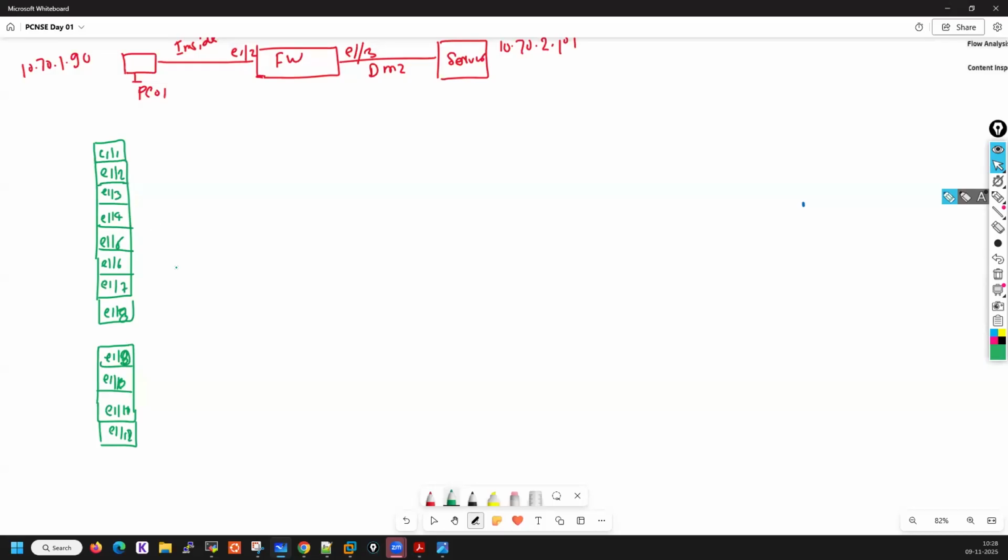Now these interfaces have connectivity with two types of interface module or chip. The first chip is known as the Marble chip, and we have a Petra chip. You have to remember this block diagram; there is no shortcut for that.